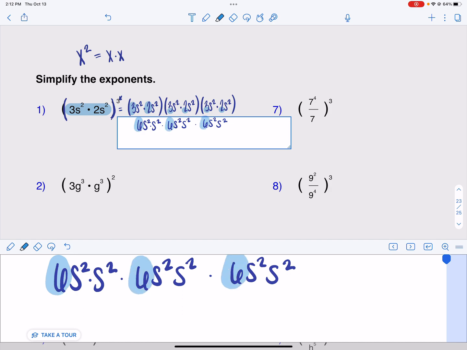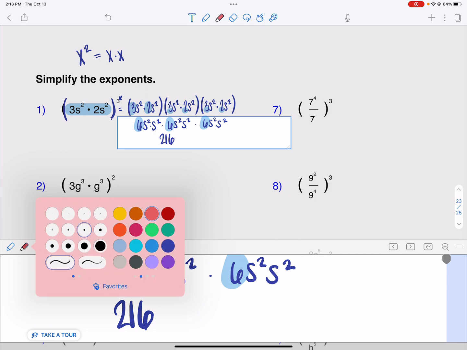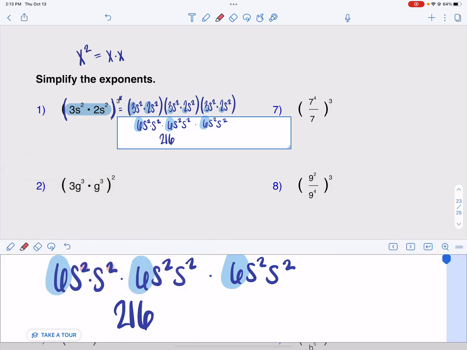I'm going to multiply my 6's. 6 times 6 is 36. Thirty-six times 6 is 216. And then yesterday we talked about when you have like bases and you're multiplying, you add up your exponents.